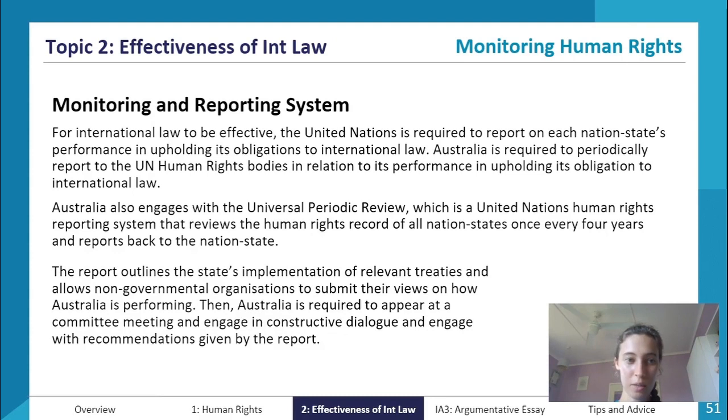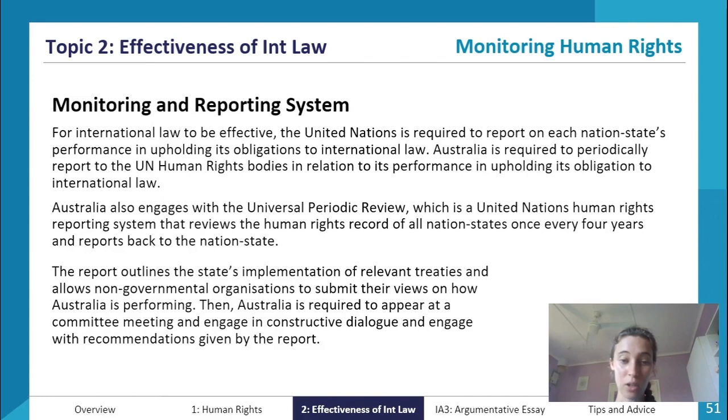So in this case, we've got a monitoring and reporting system for the United Nations. The United Nations is required to report on each nation state's performance in how they uphold the different obligations that they have under international law. So Australia is actually required to periodically report to the UN in relation to its performance as well.